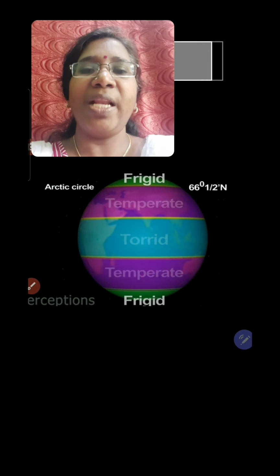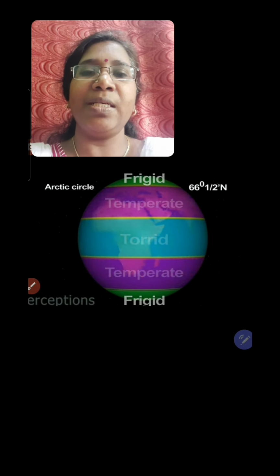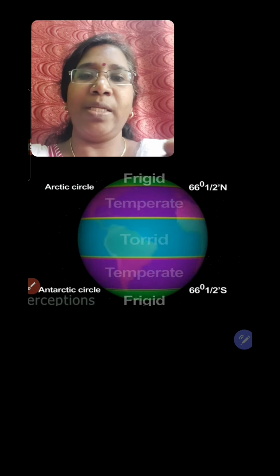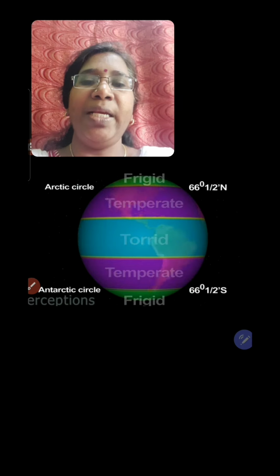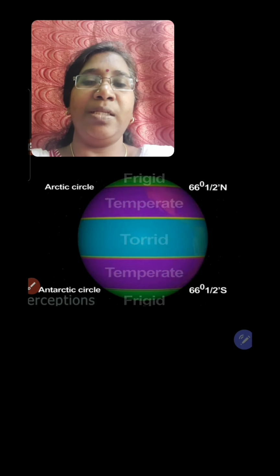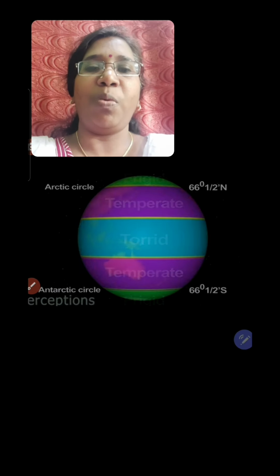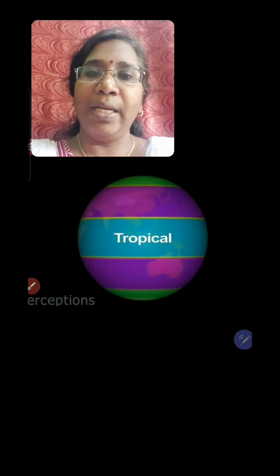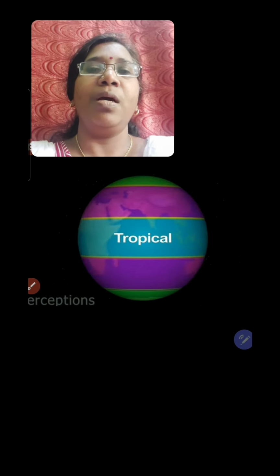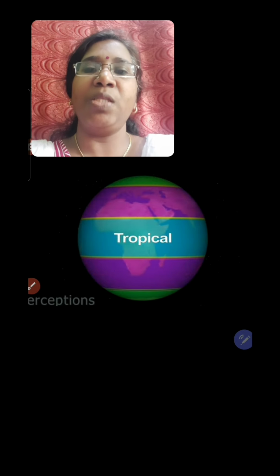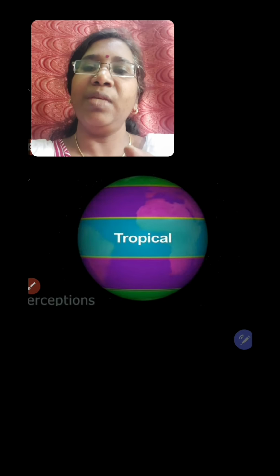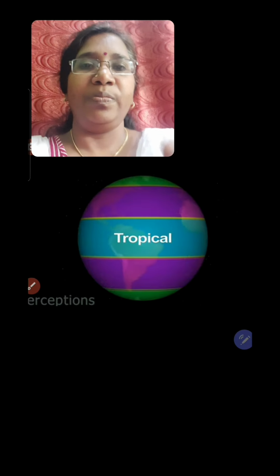The frigid zone lies between the Arctic Circle and the North Pole. The North Pole is only a point, that is 90 degrees. And the frigid zone in the south lies between the Antarctic Circle and the South Pole. So you have understood very clearly the three important heat zones: torrid zone, temperate zone and frigid zone.